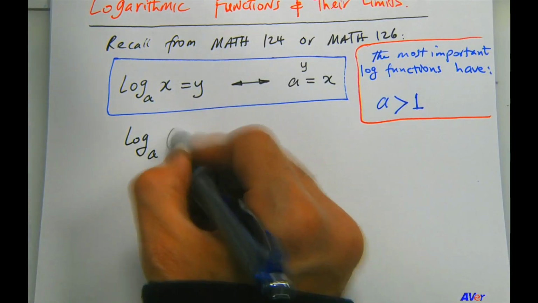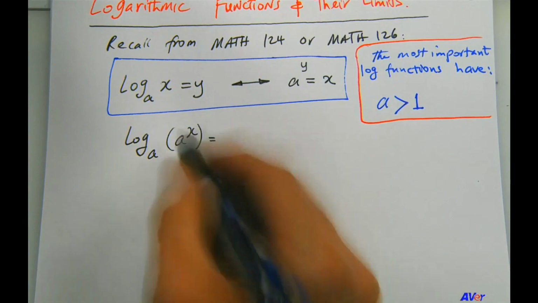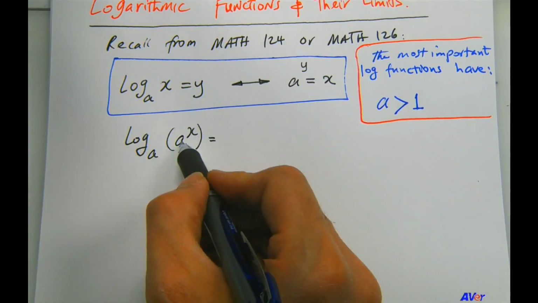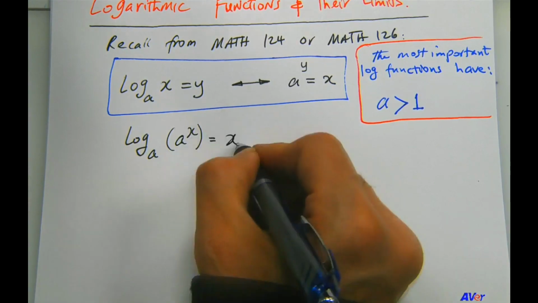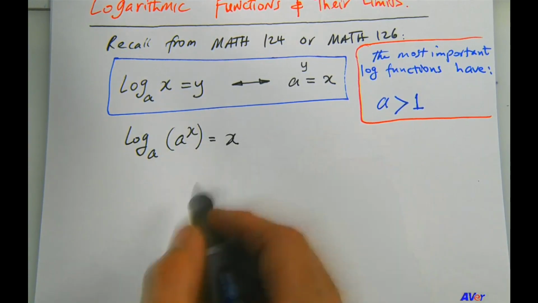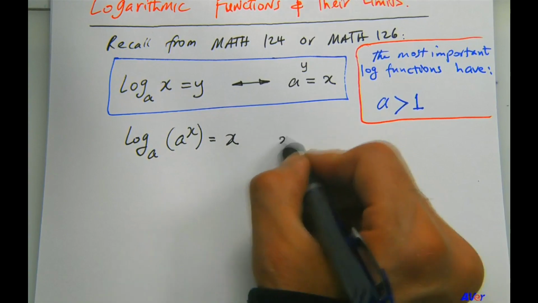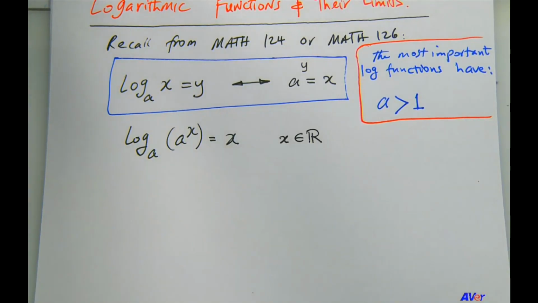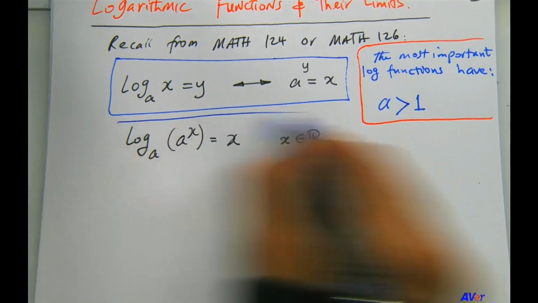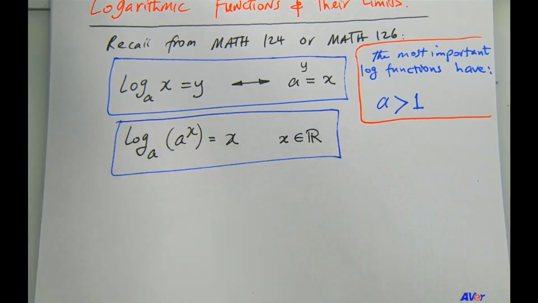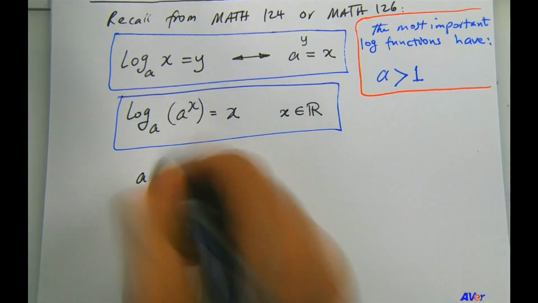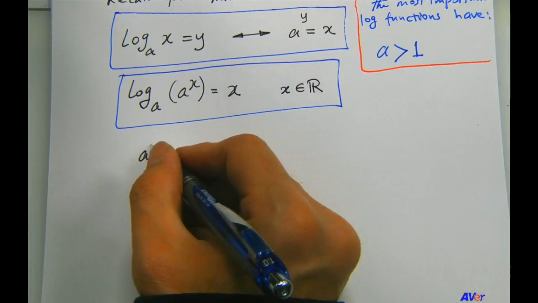Okay, so then we have a to the x. Log of this entity to a base equal to that is simply equals x, and so we assume that x belongs to all real numbers. And then this is a little useful property here.